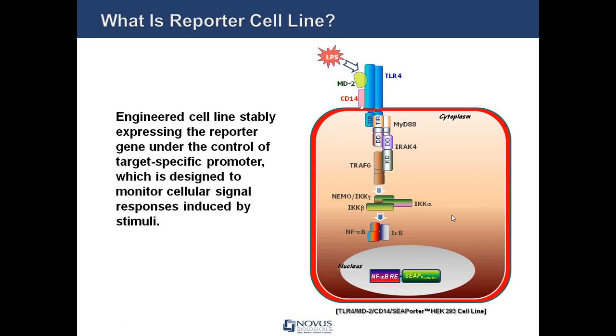I-kappa B kinase phosphorylates I-kappa B, releasing NF-kappa B into the nucleus, where it binds response elements, inducing SEAPorter protein. The expressed SEAPorter protein is secreted into the cell culture media.